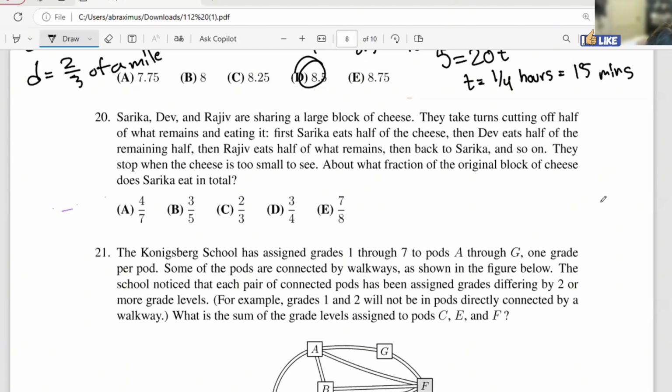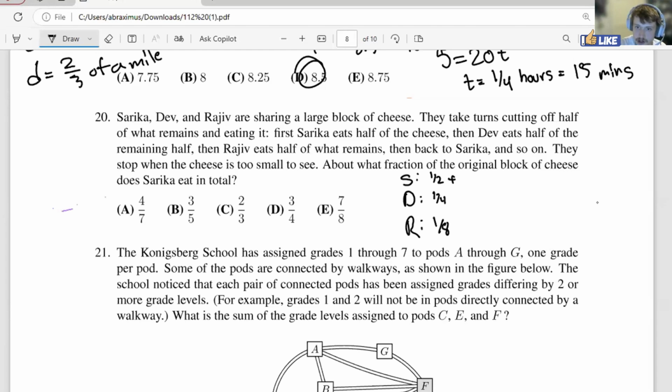So let's first write down the amounts of cheese that they eat. I'm going to have S, D, and R. First S eats 1/2 of the cheese. Then D eats 1/4 of the cheese because it's 1/2 of 1/2 of what's left. And then Rajiv eats 1/8 of the cheese because it's 1/2 of 1/2 of 1/2 of what's left.